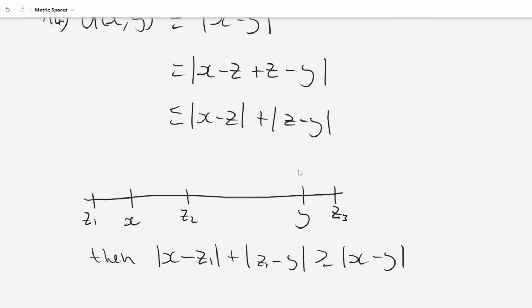And there holds the equal part. If I take the other point here, if I add this absolute distance and this absolute distance from x to z2, then that will obviously be greater than the absolute distance for x and y, which is just a simple visual representation of why this holds true.